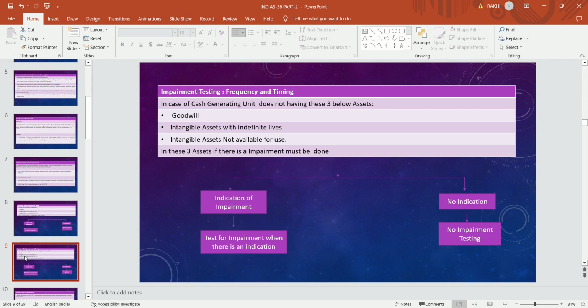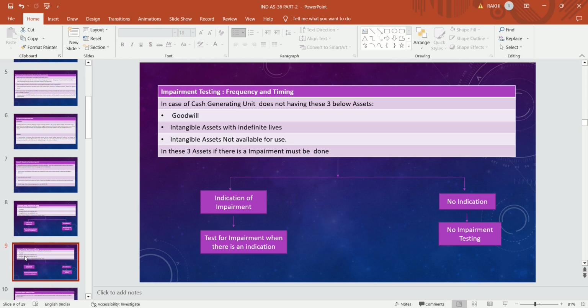But if the cash generating unit does not have these three assets, they do not have goodwill, they do not have intangible assets with indefinite life, they do not have intangible assets not available for use, then what the company will do is, if an indication exists, test for impairment when there is an indication, and if there is no indication, then no testing is required.